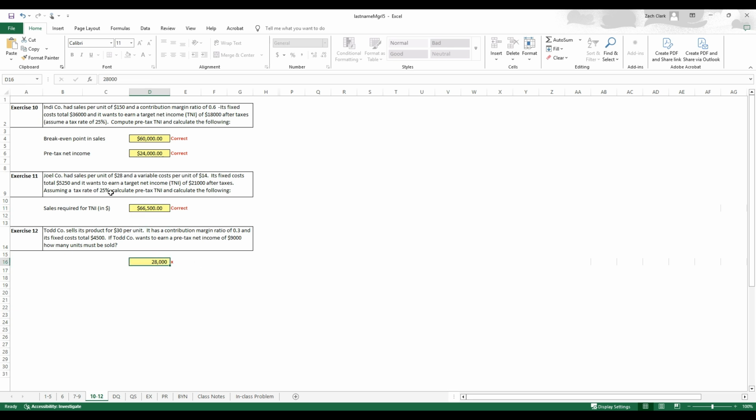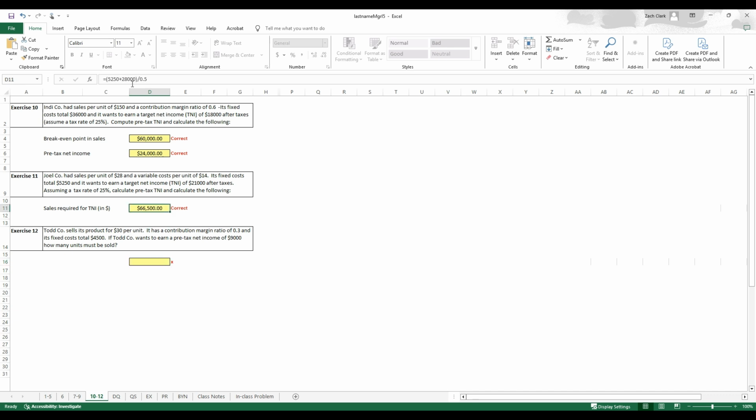And then after we take out the 25% tax rate, that'll bring us to the 21,000 that we're targeting. So it's kind of a multi-step problem. We'll do some practice with this in class, because I think it's one you have to think through and have some notes off to the side. It's not rocket science, but it definitely requires some doing to understand how to arrive at that figure.